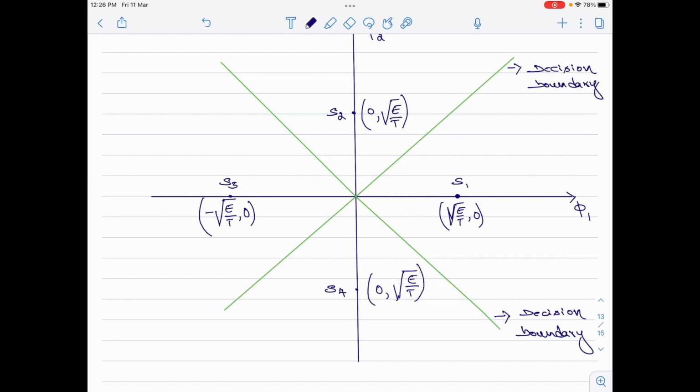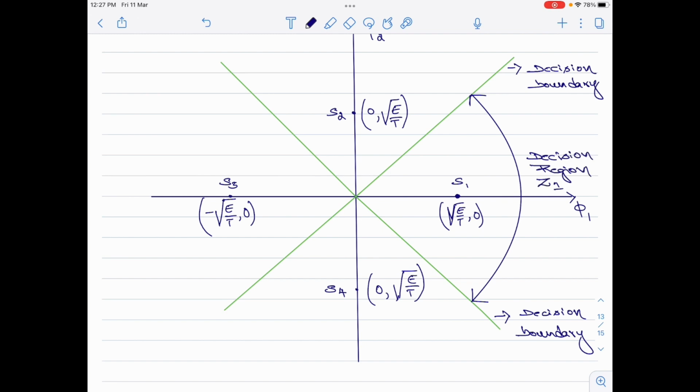So, finally, the region between any two decision boundaries will simply be called a decision region. I will mark it using a simple curved line like this. Since this is a decision region associated with vector S1, let me call it decision region Z1.